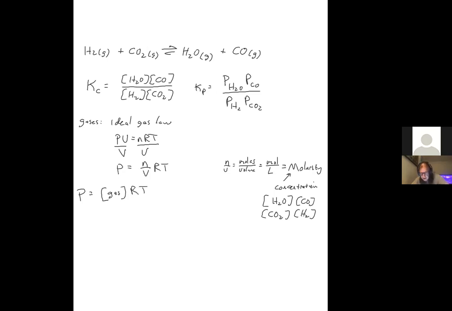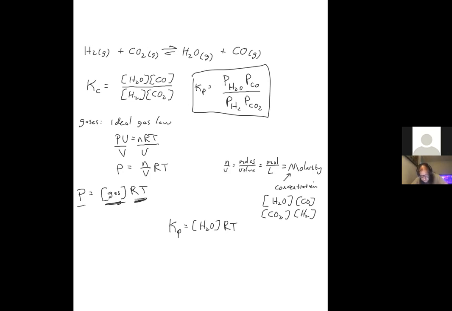Now for all four of those substances on the right here, I'm going to write this as pressure. Pressure is the concentration of the gas, so that'd be the concentration of H2O times RT. This is called substitution. The pressure is equal to the concentration of the gas times RT.